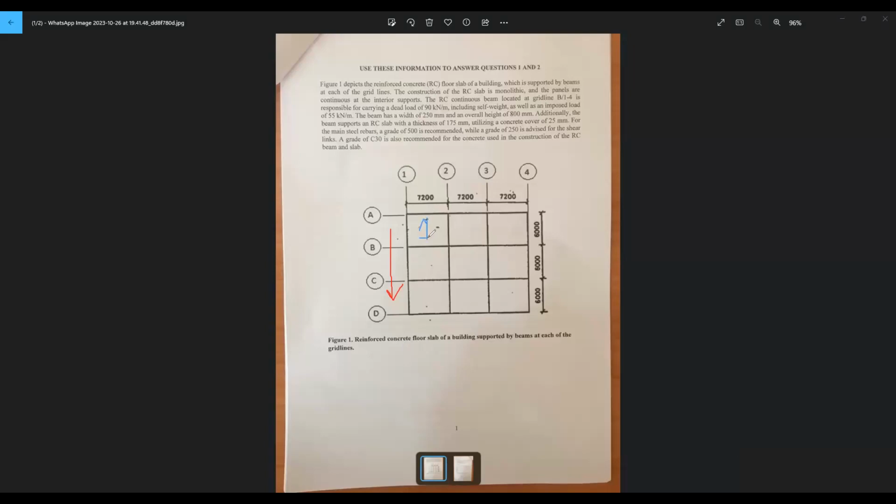When you take that, you will find your Ly over Lx. Our Ly is the longest span. So the longer edge is 7,200. And Lx is 6,000.